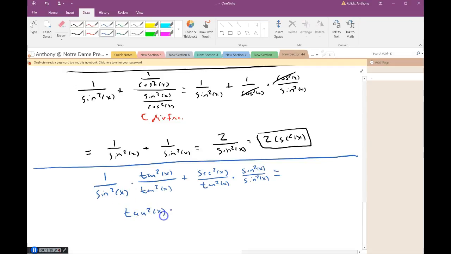tan squared x plus secant squared x sine squared x all over sine squared x tan squared x. Is everybody still on board with this?